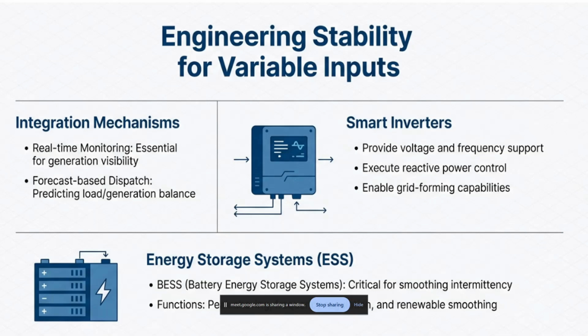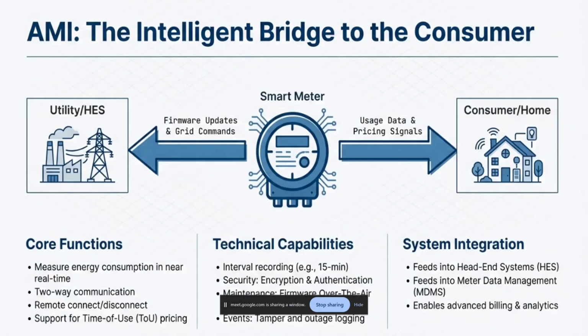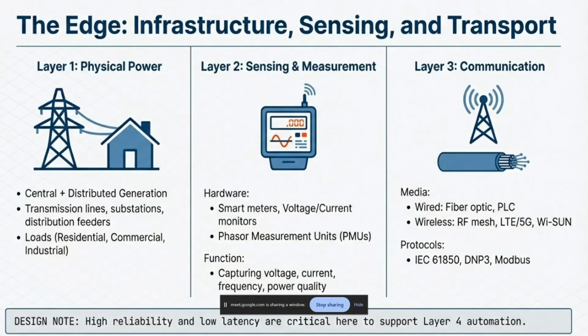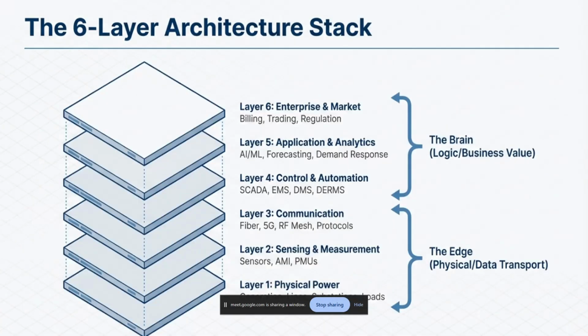So previous to this session, we learned about the architecture stack. We learned what architecture we need for the smart grid. We have a physical stack, and the second one is sensing, then communication, then control and automation, then application and analysis, and the last one is prediction, or the enterprise and market decision making.